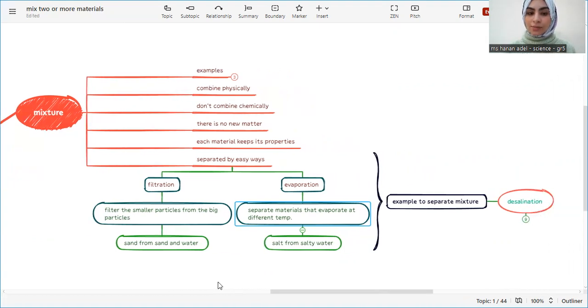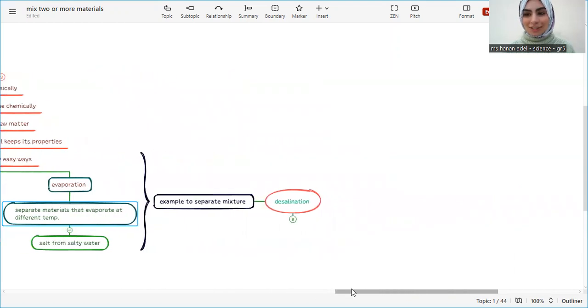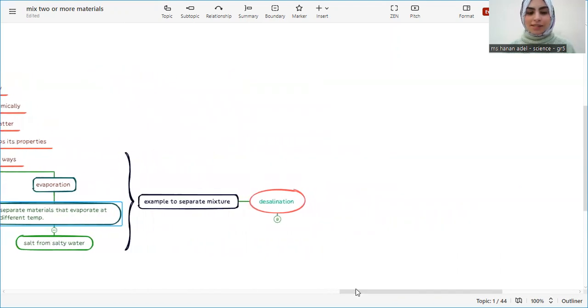And to understand filtration and evaporation better, we use both of them here to separate the mixture of the ocean or seawater. Seawater is a mixture of big things and small things, like living organisms and non-living things such as sand, rock, salt, minerals, gases, many things inside the seawater.